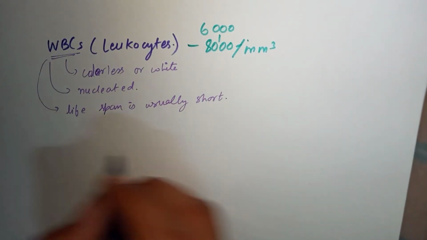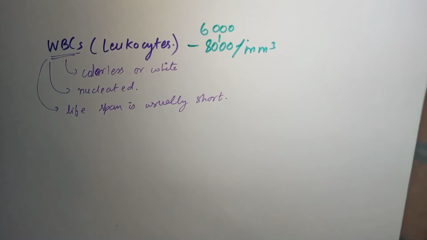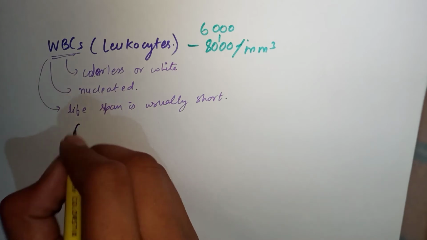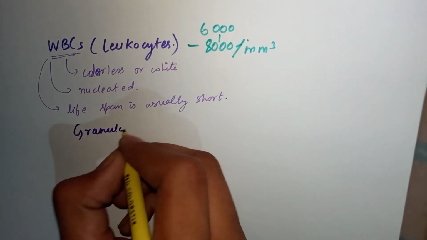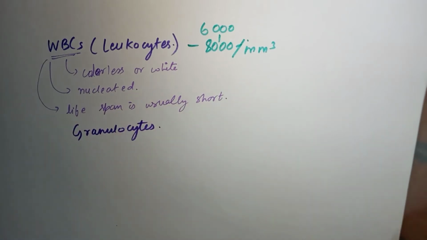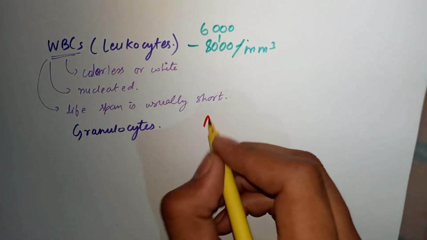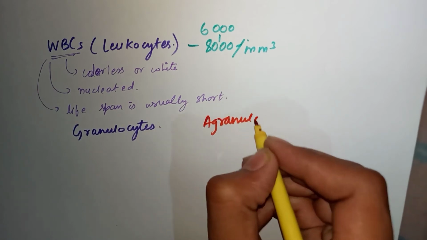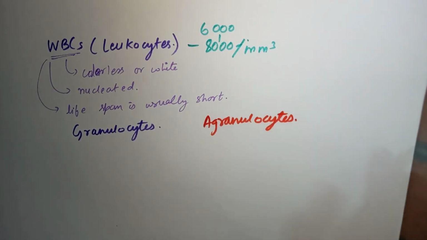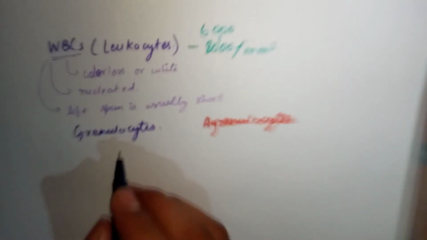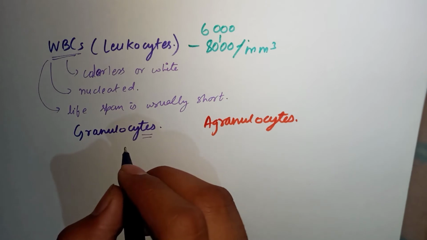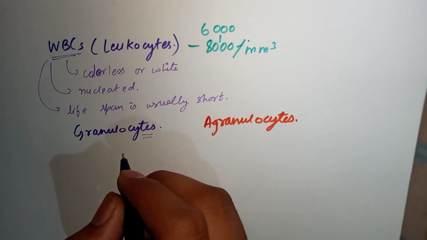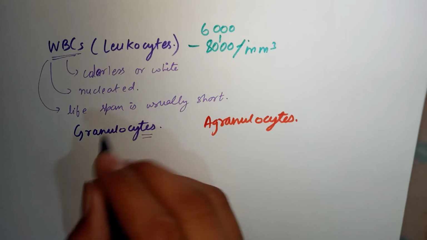All right, there are two types of leukocytes. First is known as granulocytes, and the other is known as agranulocytes. Granulocytes are those which contain granules in their cytoplasm. They have some fine particles which are known as granules throughout the cytoplasm.